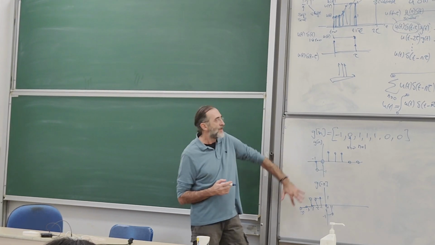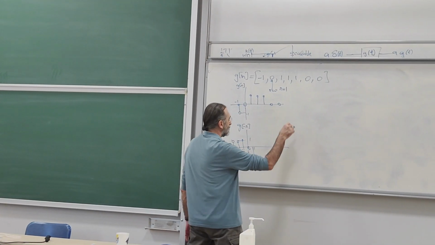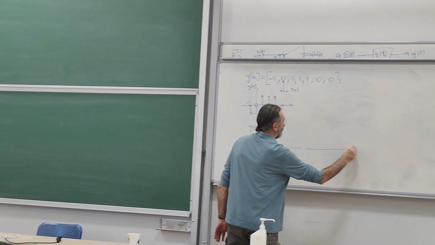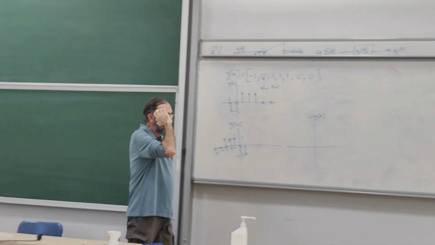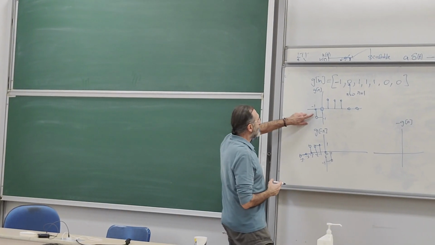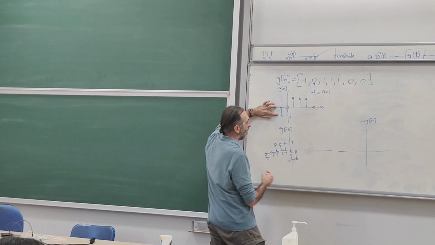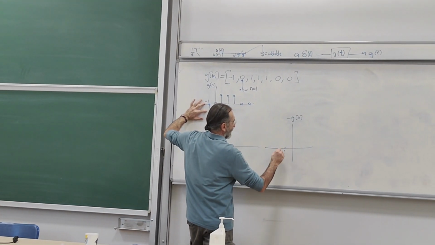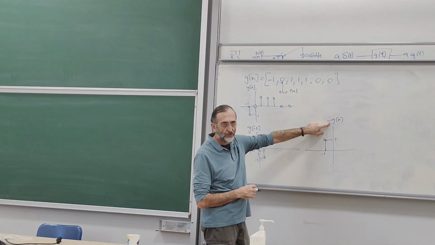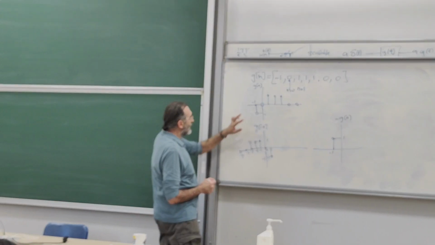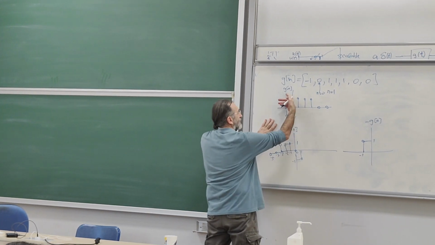But if I wanted to do, let's put it here, minus G of n. So now G of n being minus 1 here, minus 1 is going to be 1. Because I'm looking at minus G of 1. I'm going to change now the sign of this. Not the place of that, but the sign of this.